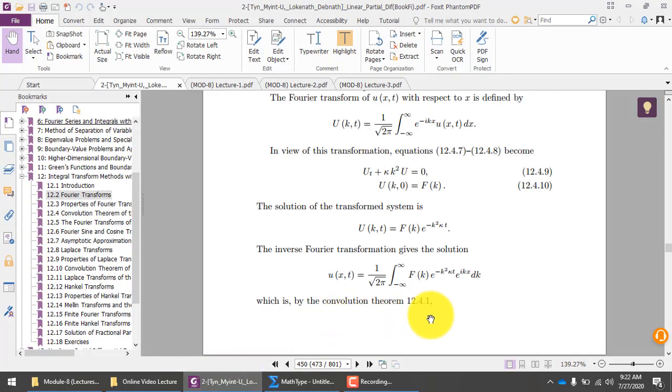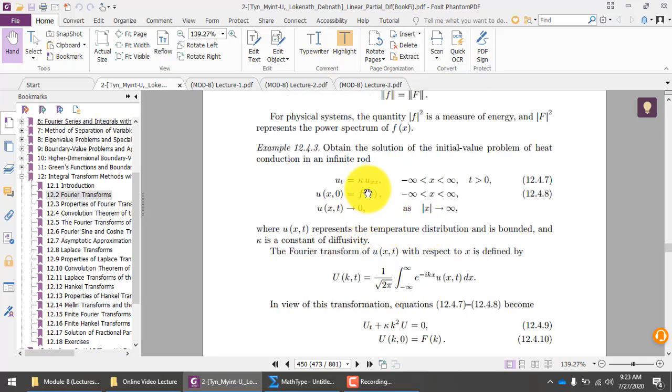If you look at the example, this is the solution which the book has already calculated. They have used the Fourier transform parameter as this slanted k. I have used omega, and this k square was because of the coefficient. Sorry, this slanted k was the coefficient.